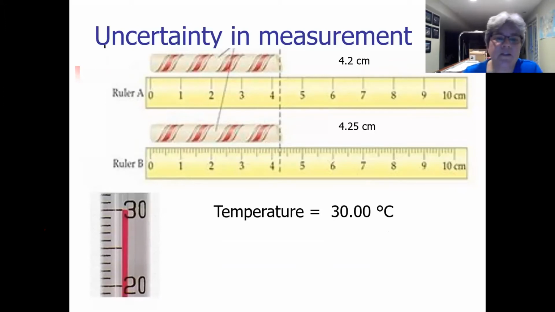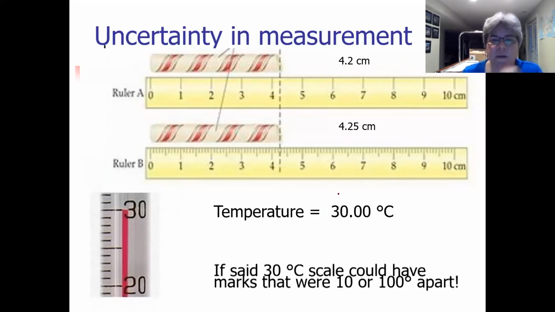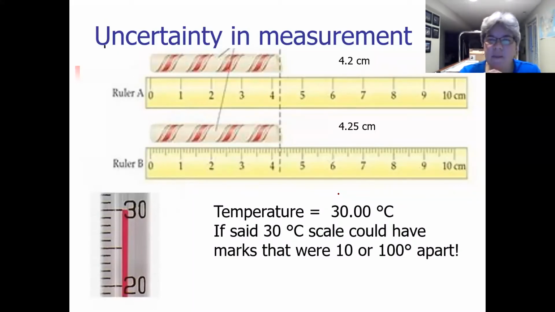So we can actually measure this with 4 significant figures. Now, if you just say, oh, it's 30, well, that means that was done on a different thermometer. Then your marks are either 10 or even 100 apart, depending how you made the measurement. So again, the problem is when it ends in 0, I don't know how the measurement was made.